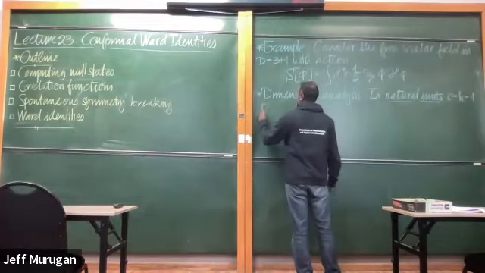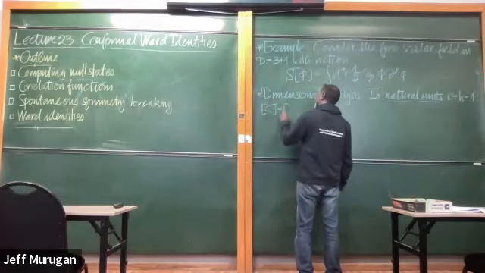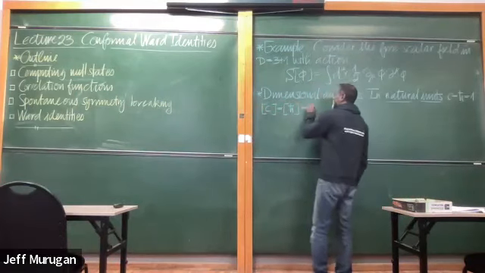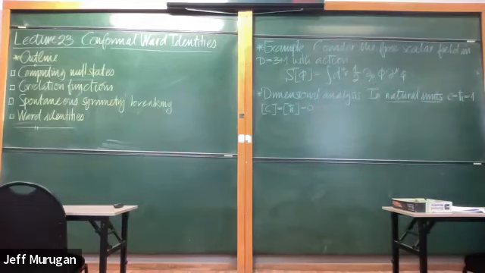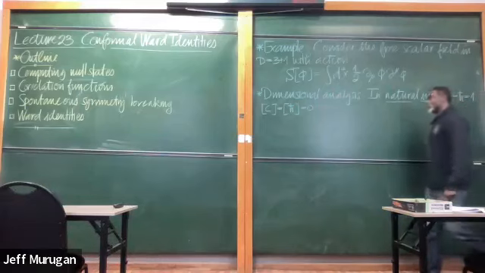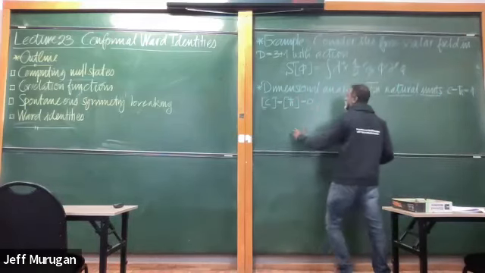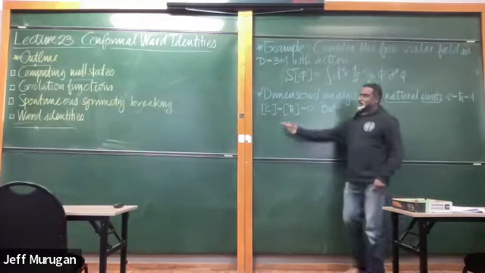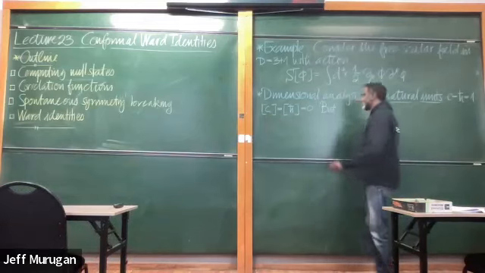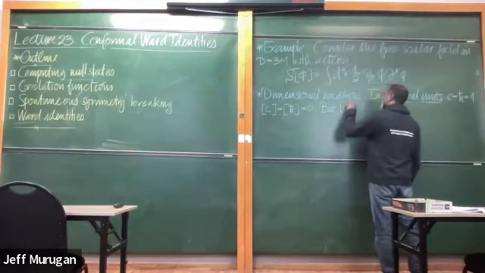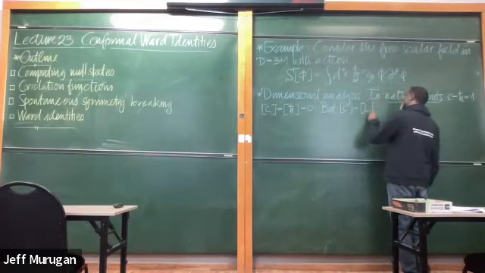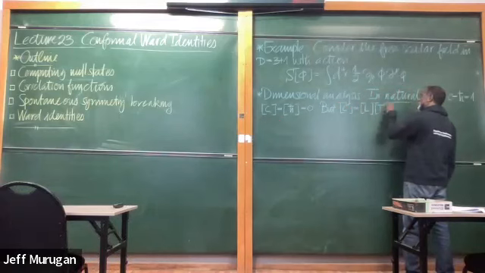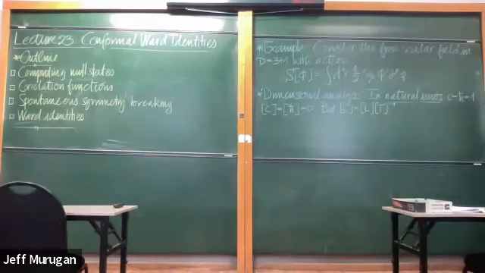And the way I denote that is to say that the dimension of c and the dimension of h bar are 0, okay? That's how I'm going to denote the fact that these are just numbers. But we know that the dimension of the speed of light is the speed, right? So the dimension of c is the dimension of length times the dimension of time to the -1, right? It's a length per unit time, speed.